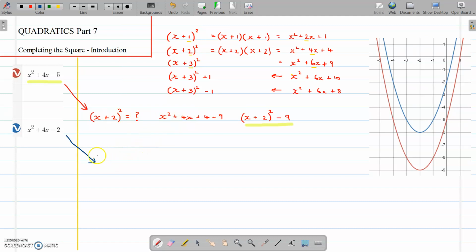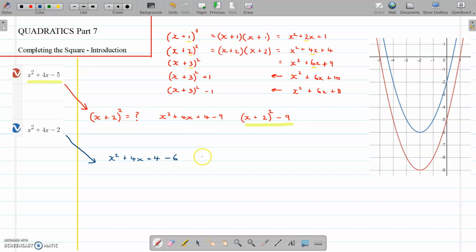So what we have here is x squared plus 4x plus 4, but to get it to be minus 2, I need to subtract 6, okay.